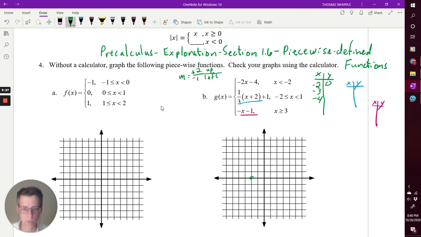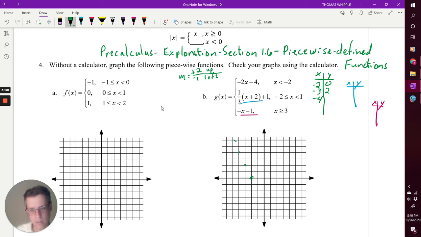So if we went 1 left, we'd go up 2, and that would put us right here at negative 3, 2. Now let's check that out. If we plug negative 3 in here, we'll have negative 2 times negative 3, which is positive 6 minus 4. Yes, that would give us 2. So there we go. We got that point, and then we can just keep this trend, and we have this part of our graph here.